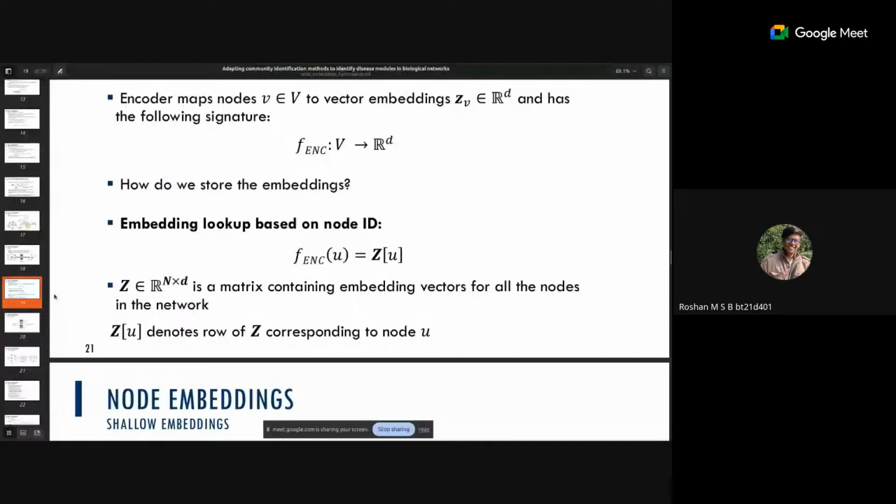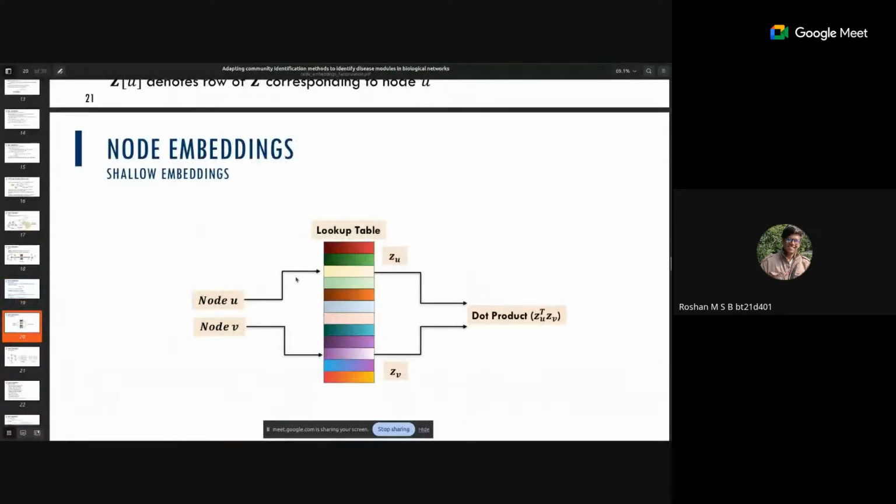This is how we store the embeddings. Like I explained before, each row corresponds to a node, and the columns correspond to each element in your d-dimensional vector. And you get the similarity by using the dot product.